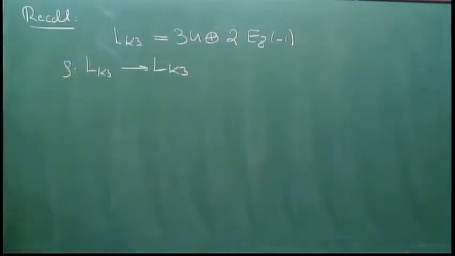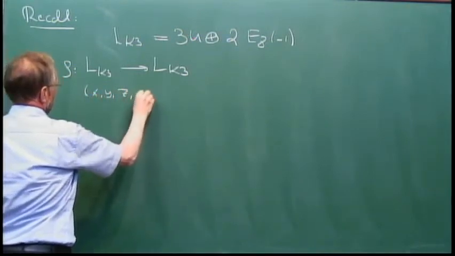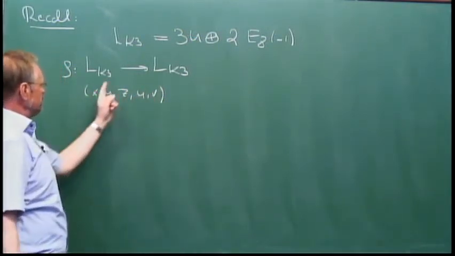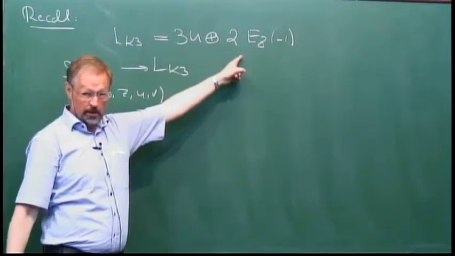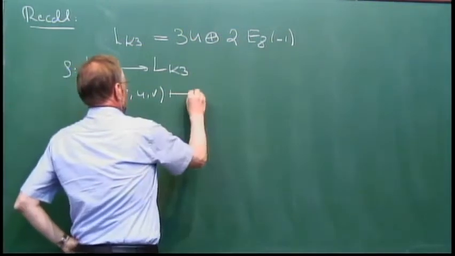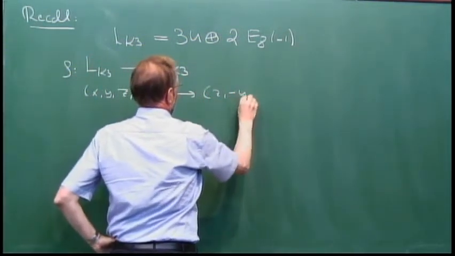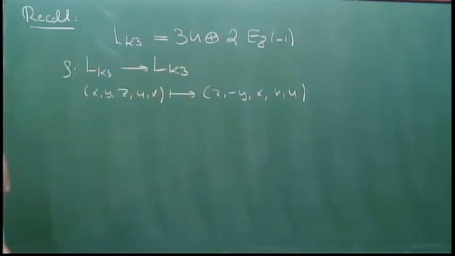This involution should be as follows: (x, y, z, u, v), where x, y, z are in the capital U and u and v are in the negative E8, should go to (z, y, x, v, u).